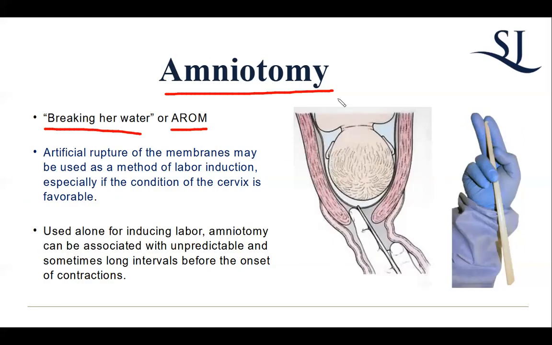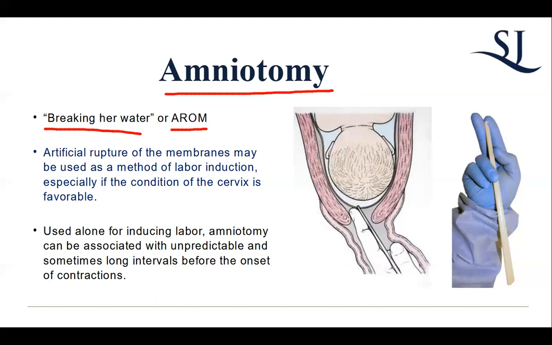The principle is that you've got to evaluate what's in your toolbox. For cervical ripening, you can use oxytocin, you can use a cervical ripening balloon, and you can use prostaglandins. For augmentation of labor, you pretty much only have oxytocin, and you can break a patient's water, perform an amniotomy.